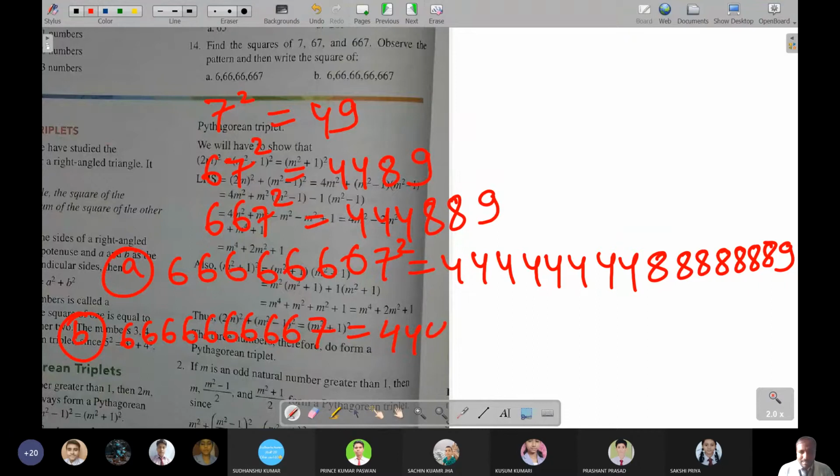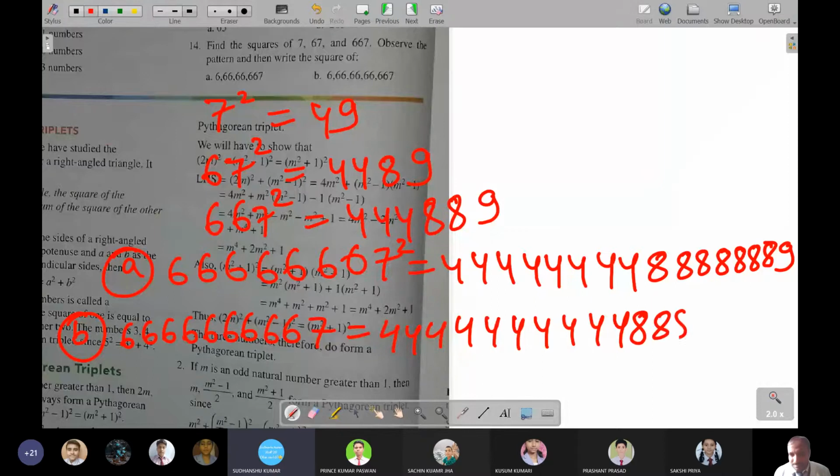So 9 sixes are there, so 10 fours will be there: 2 to 4 to 6 to 8 to 10. And then 9 eights, and 9. Got it? Yes, sir.